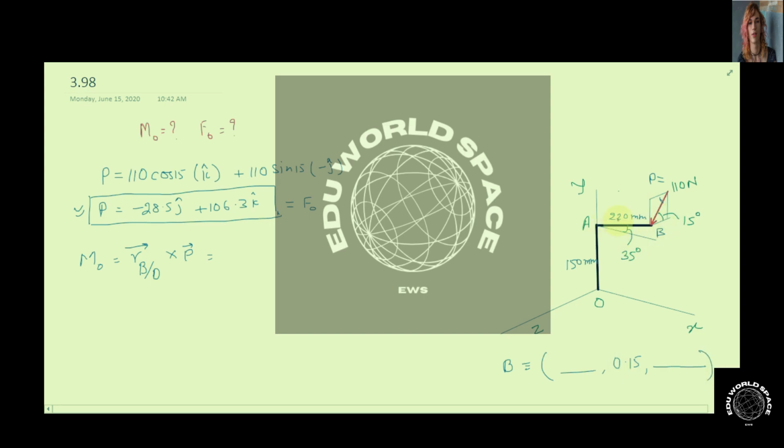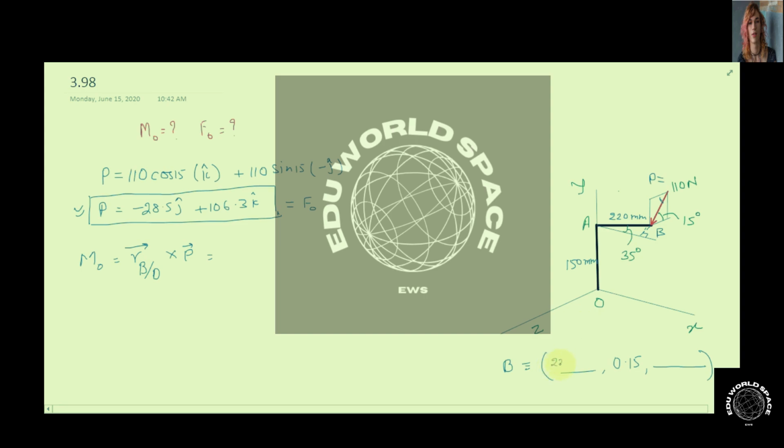Now this 220 mm is the length of side AB given in this problem. It can be resolved into its X component and Z component. If we drop a perpendicular on this line, the length along the X axis comes out to be 220 cos 35.